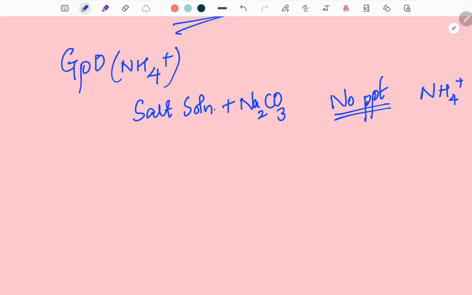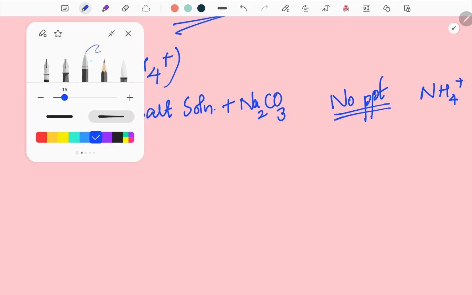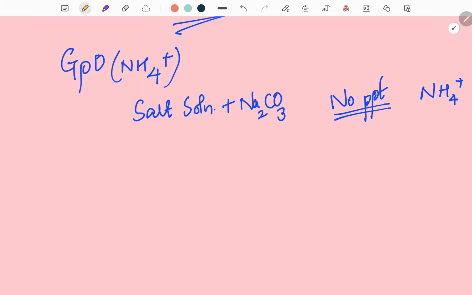This is something which we have discussed in the first part under preliminary observations. We have actually done this. So this is something which you should be doing ideally in the first step itself in the preliminary analysis. If you are getting no precipitate in the preliminary observation, that means ammonium is present, and that is actually the systematic test as well for ammonium ion.